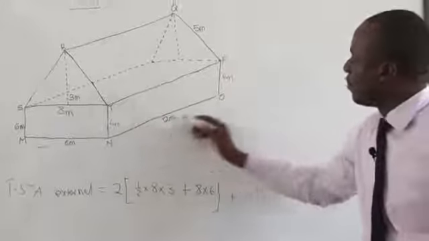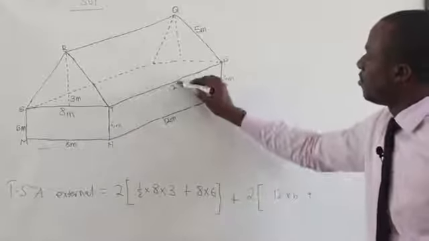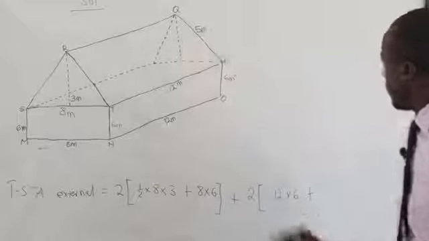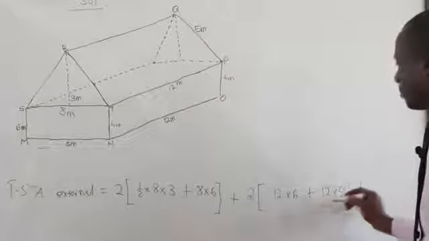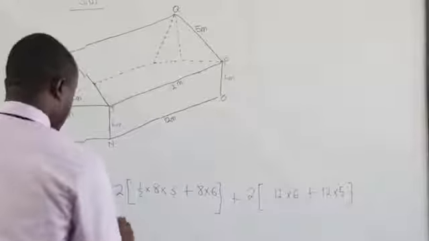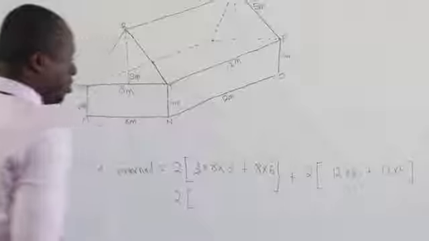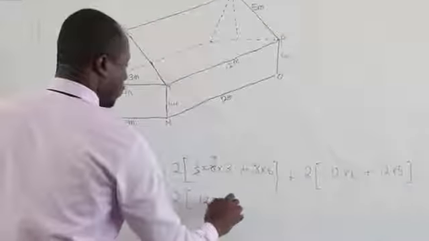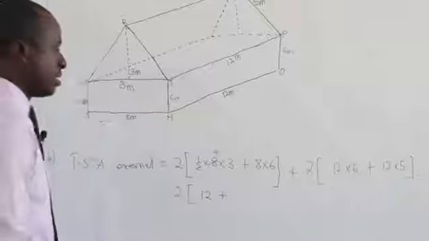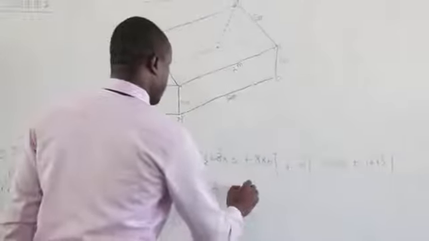Now this is 12, it means that TP is also 12 meters. So it's going to be 12 times 5. Clearly, from here, what do you have? 2 goes into 2 once, 2 goes into 8, that is 4, 4 times 3, we have 12. Now, 8 times 6 is 48.